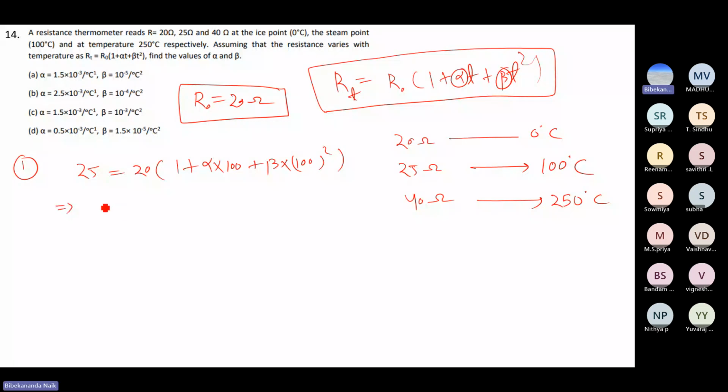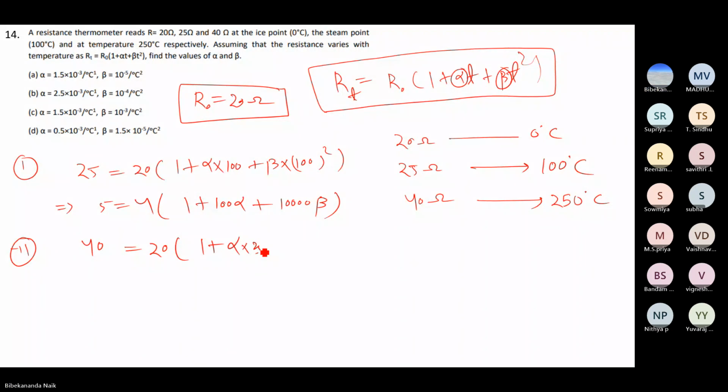So it will give 5 equals 4 into 1 plus 100 alpha plus beta. Then the second equation is 40 equals 20 into 1 plus alpha into 250 plus beta into 250 square.